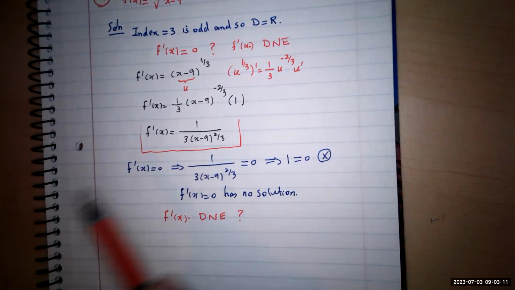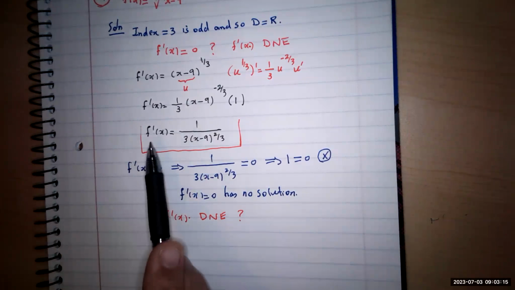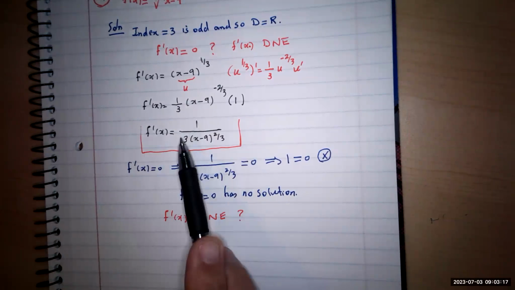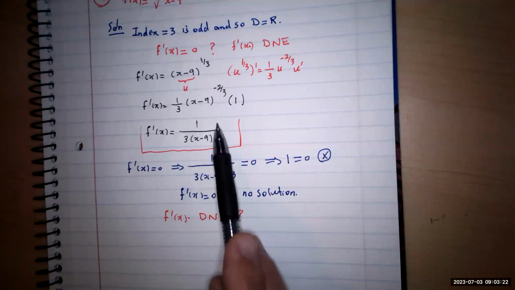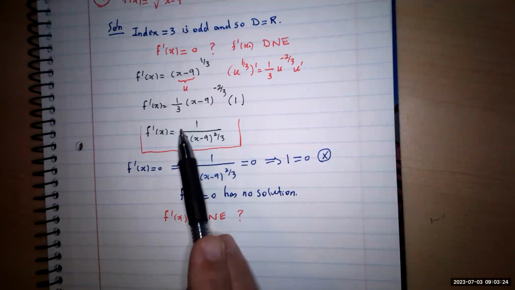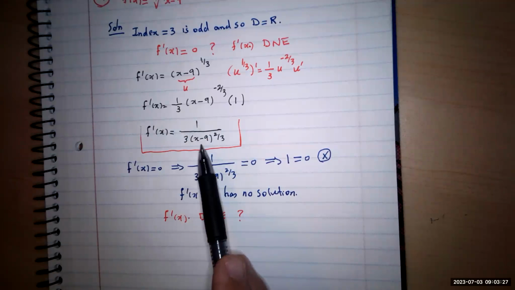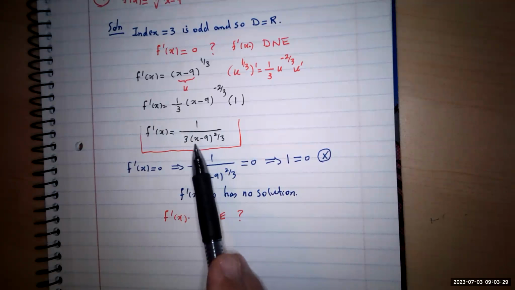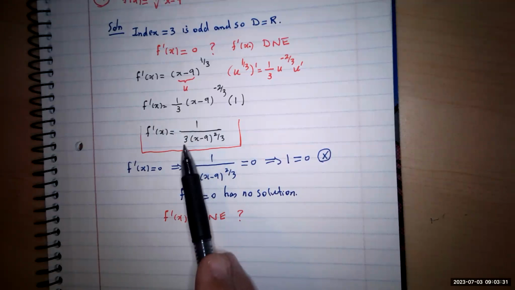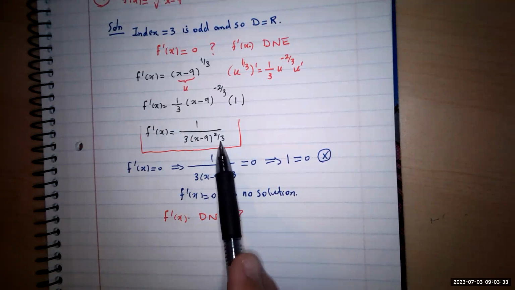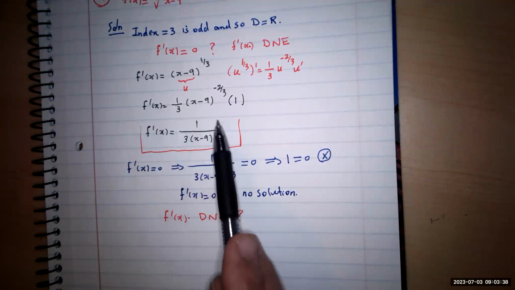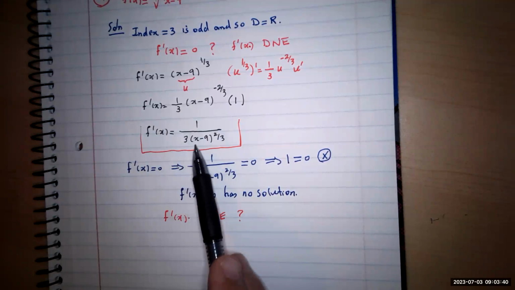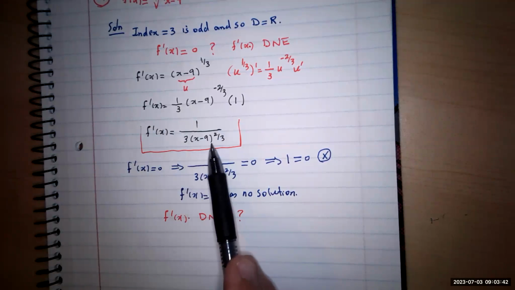Let's go to the function here. Look at the f prime. This is f prime. Look at the domain of this function now, the domain of f prime. Anybody can guess what the domain of this function is going to be? You see, it is a rational function. You know that a rational function is not defined if the denominator is 0. So this function is defined everywhere, except for the value of x that makes the denominator equal to 0.